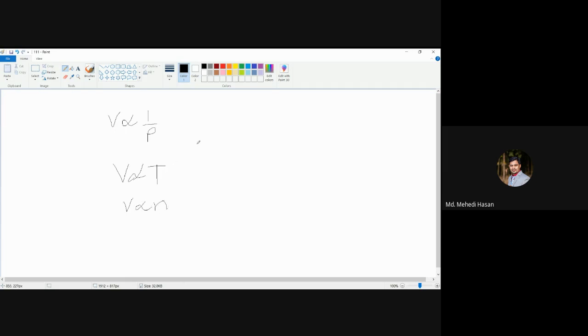Combined, we get V is proportional to nT/P. Then we can say PV is proportional to nT, and there is a proportionality constant which is called R. So PV = nRT, and R is the gas constant.